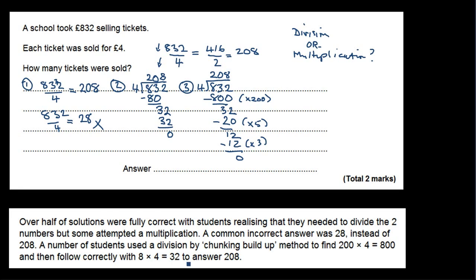And then they followed correctly with 8 times 4 equals 32 to answer 208. So they didn't do the chunking that I did here with going for 20 first and then 12. They went straight for times 8 here. They added the 200 and the 8, and they got 208. So the answer, 208.